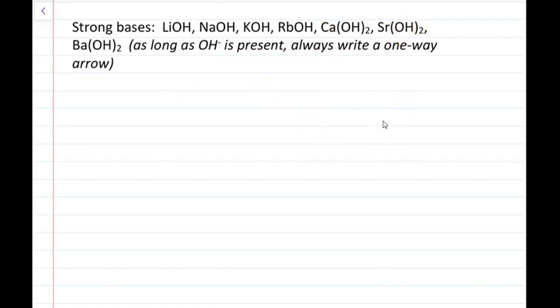But these strong bases all just end in hydroxide, and they simply dissolve when they ionize. And we've already talked about this. So for example, if I had potassium hydroxide and it dissolved in water, it would give me K plus and OH minus. And by the way, you don't have to memorize these either. These will always be provided for you.